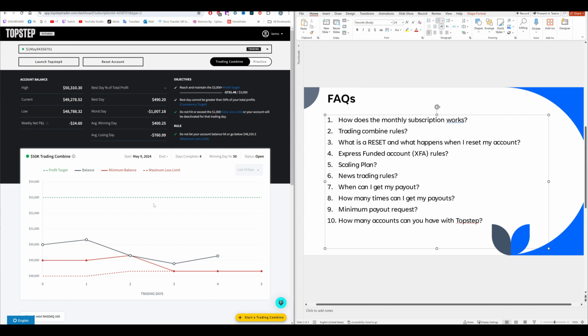You can if you want to and pay whatever that cost is for the reset, or you have the other option of waiting until the rebill happens again one month from your date of purchase, which would be June 1st, and they actually give you a free reset every time they rebill you, which is really nice.